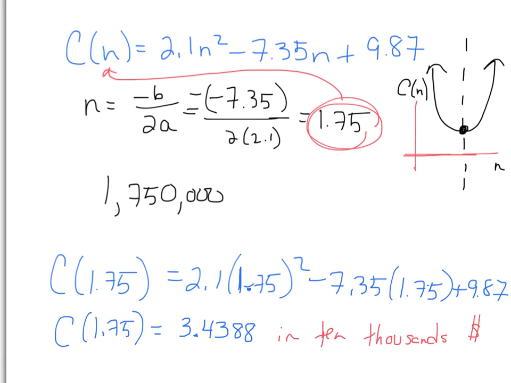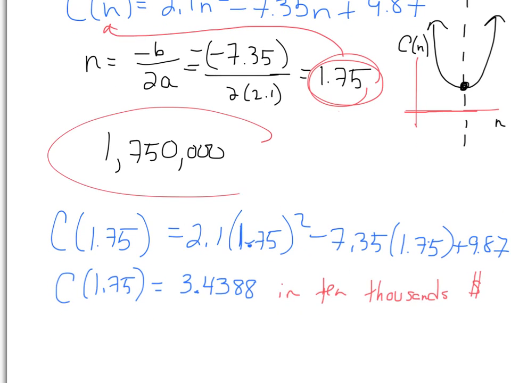So what does that mean? This was the number of games, we got that. We figured out how to do that with the millions. How do you convert 3.43 in 10,000s of dollars? What number does that mean? If this answer came out to be 1.0 in $10,000s, it would just be 10,000. If this was 2, it would be 20,000.